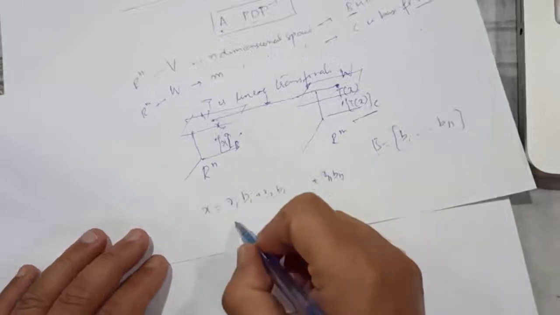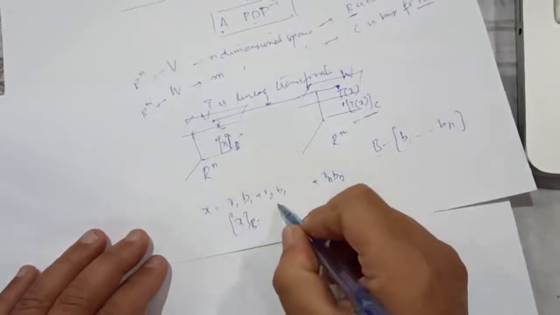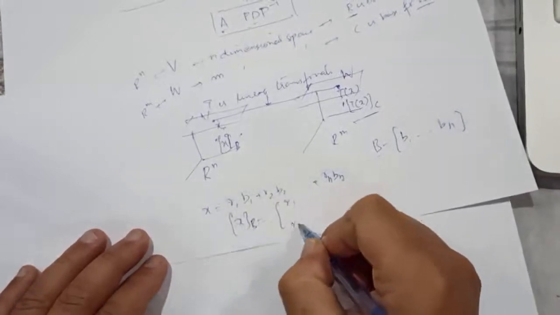So it means x of B can be written as r1 up to rn.